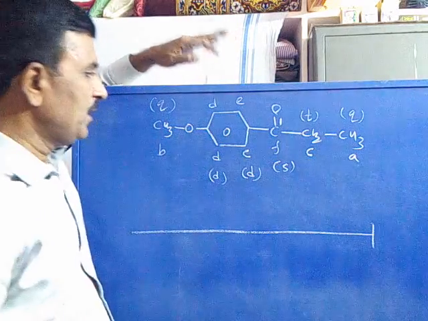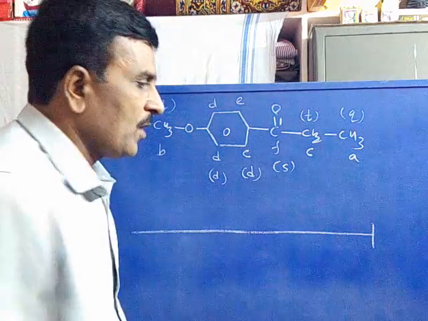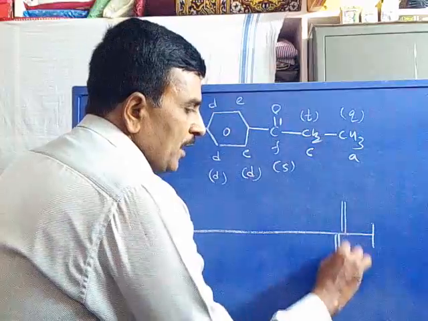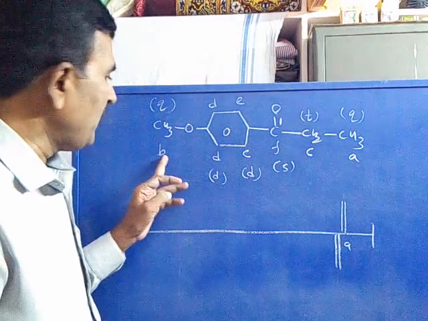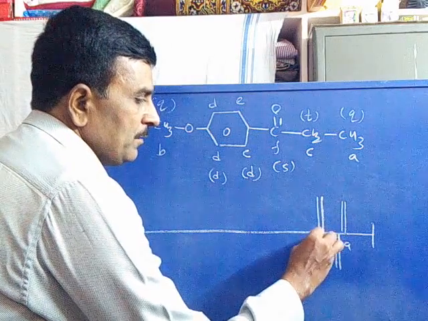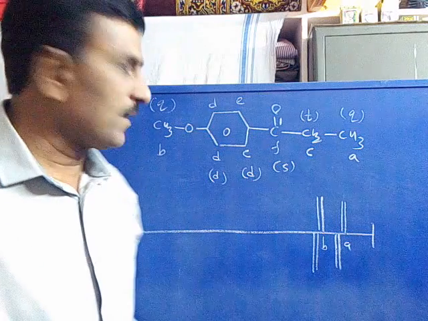Now in the INEPT spectrum, A carbon quartet appears with two positive lines, two negative lines. And B carbon is also a quartet, two positive lines, two negative lines.